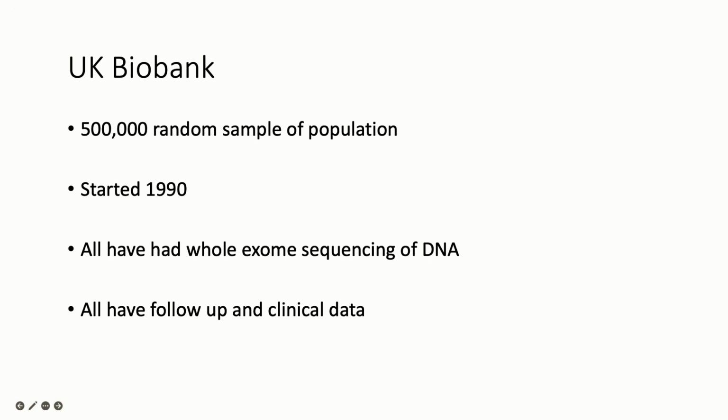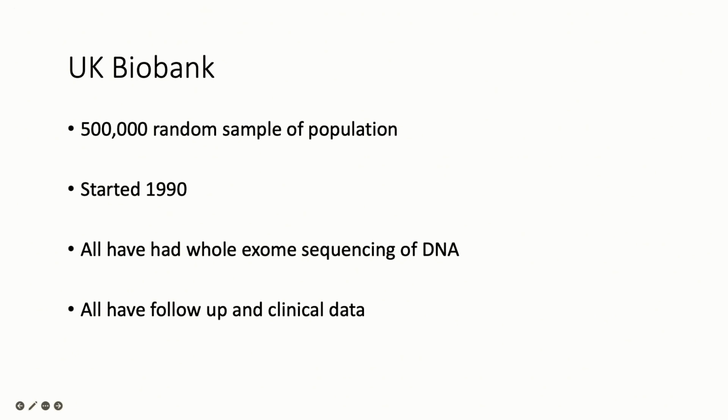So we have 30 years of follow-up, and all those patients have had whole exome sequencing of their DNA. There are 500,000 patients who have had whole exome sequencing, and they all have follow-up and clinical data. And we've looked at that. We can't find a single mutation in the DNA that predisposes you to NET currently.